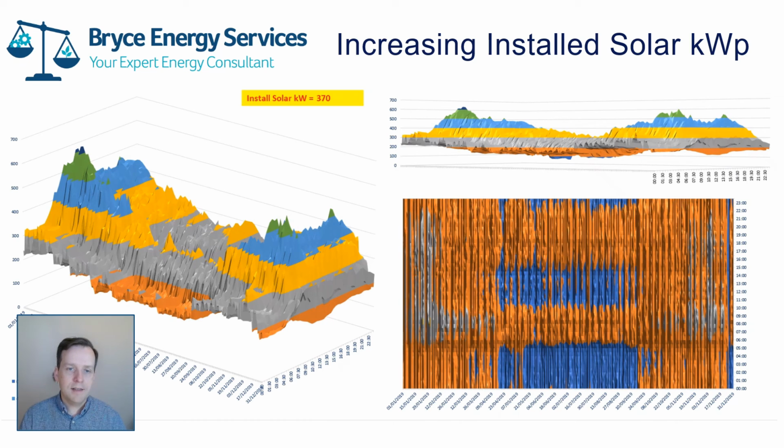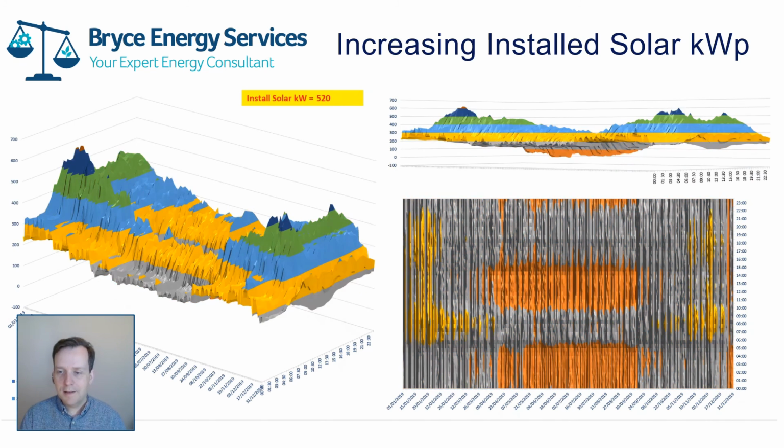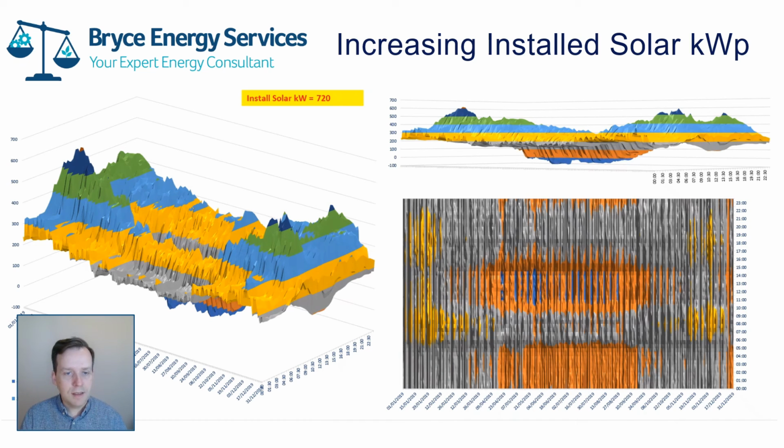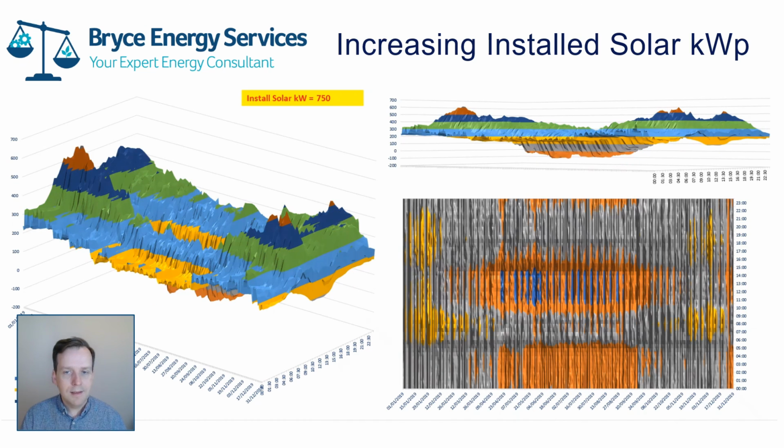But as the installed solar increases, so we're now at 400, you can start seeing a hollow in the summer in the middle of the day developing. You can see the consumption requirements dropping significantly here on the side view, on the 3D view. You can see a big hollow developing as the curve comes down.